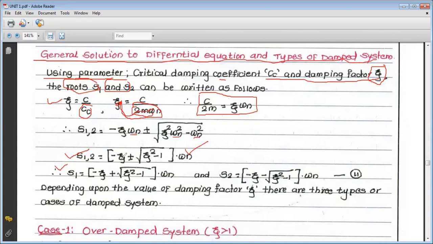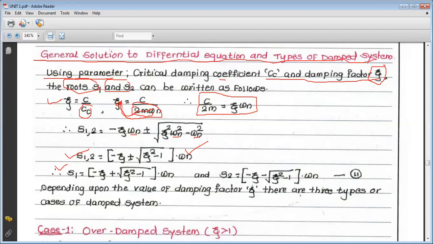So we get minus zeta plus or minus square root of zeta square minus 1, into omega n. These are the two roots. S1 is equal to minus zeta plus square root of zeta square minus 1, into omega n, and S2 is equal to minus zeta minus square root of zeta square minus 1, into omega n.